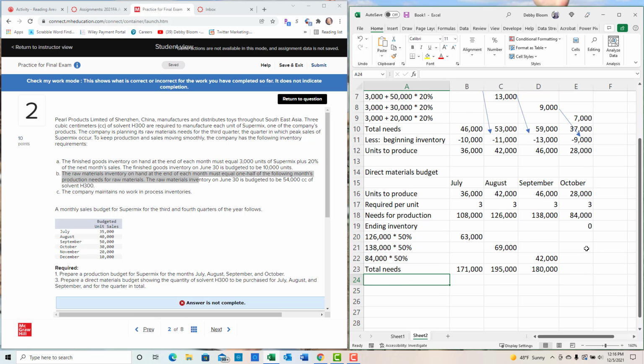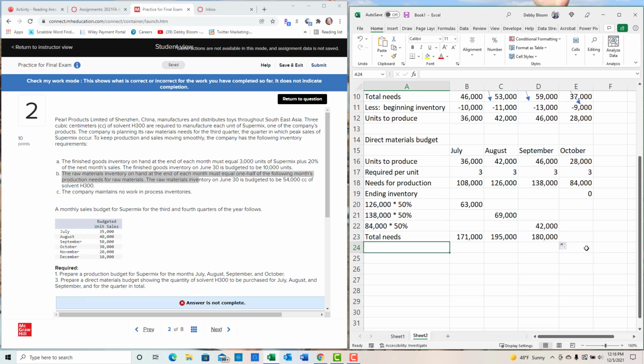Now that we have the total needs, we just subtract out the beginning inventory. And once again, just like before, our ending inventory for one period is going to be our beginning inventory for the next period.